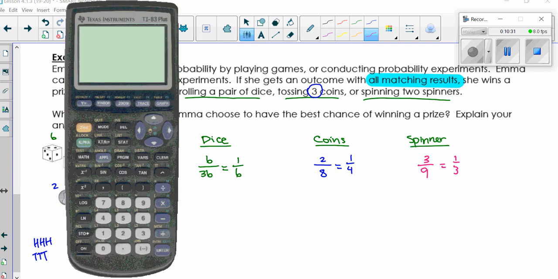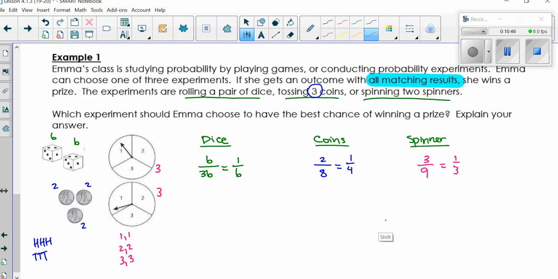Okay, so if we use our calculator here, we have 1/6, we have 1/4, and we have 1/3. And we can see that our best chance of winning then is 1/3. So I'm just going to make a note here that says the spinner has the best chance.